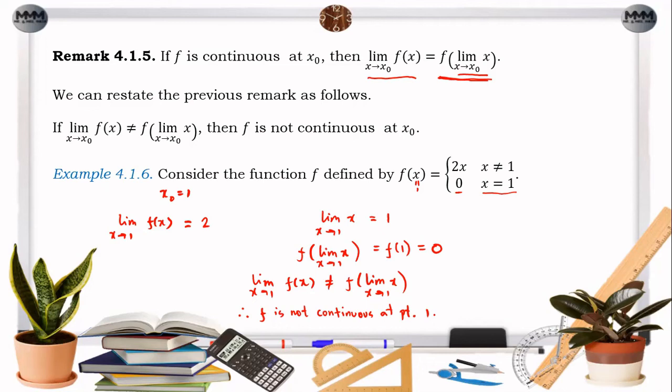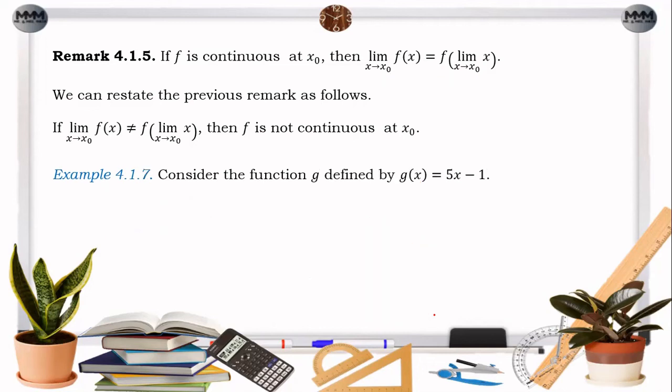Now let's have the second example, wherein the function g is defined by g of x equals 5x minus 1. Now here we choose x sub 0 equals 3. So we will be looking at this first. We have the limit of g of x as x approaches 3 is equal to 14.